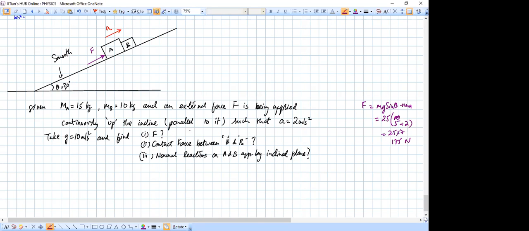Yes, F should be 175 newtons. Whereas the contact force between A and B should come out to be 2/3 of this.